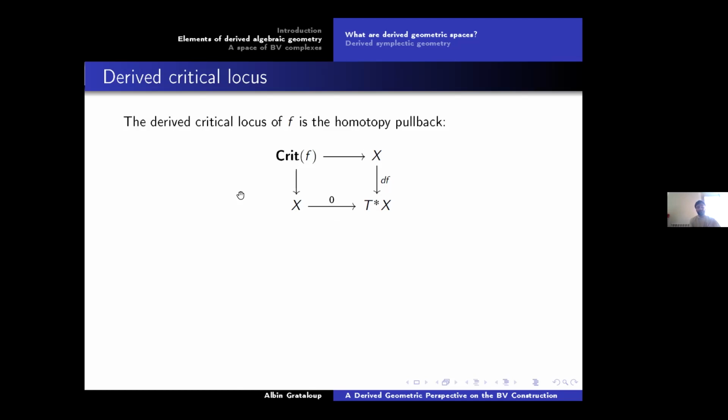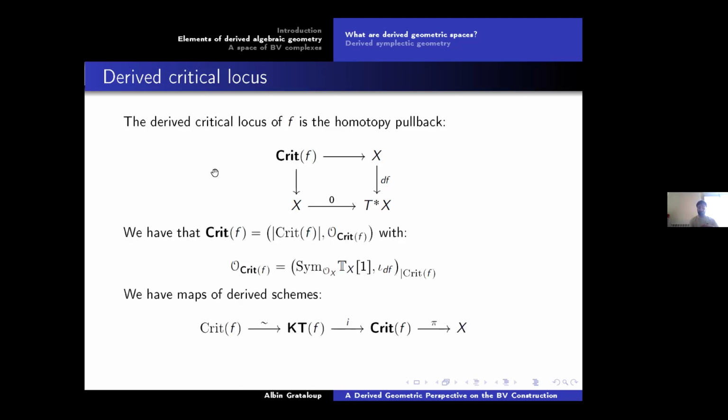So maybe it does not tell you much what it looks like, so I'm going to describe it in slightly more detail. As a local ring space, the underlying topological space is just the same as the topological space of the strict critical locus. It does not change anything in terms of topological space, but it changes the sheaf of rings, the sheaf of CDGA.